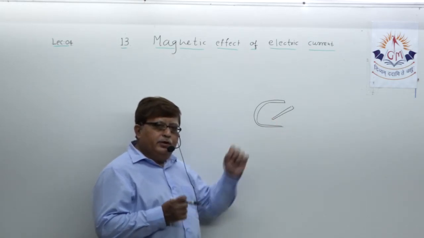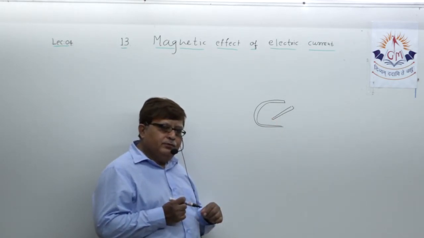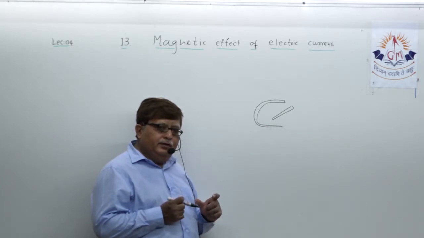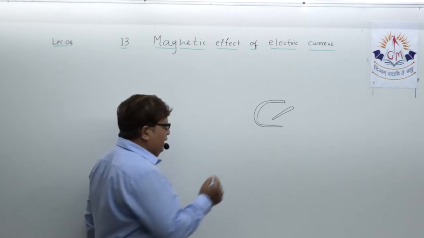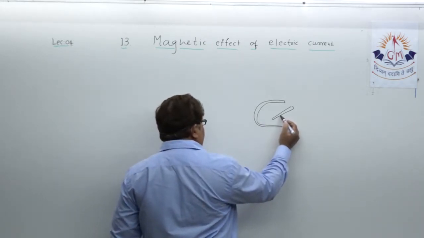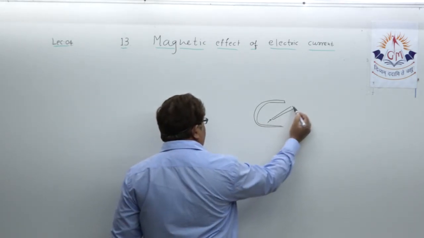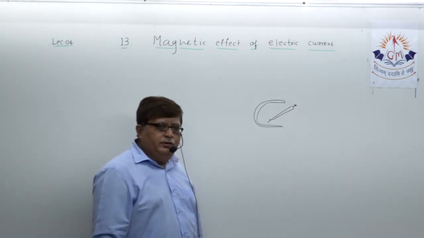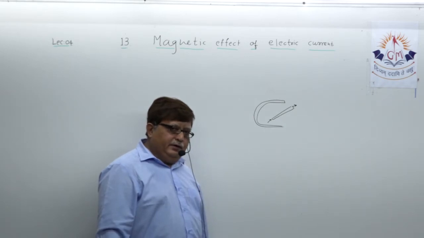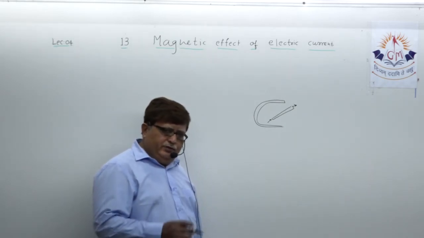Suppose you keep a conductor inside the magnetic field of the magnet and you pass electric current through this conductor. What can be seen on the conductor? That is what we are going to discuss.